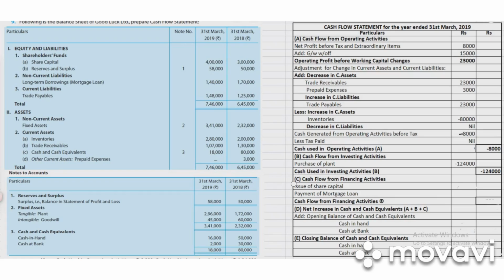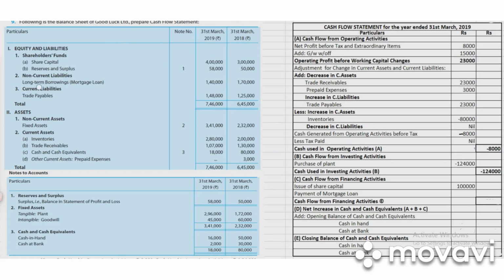So we put it here. In the cash flow statement we put share capital, 1 lakh. This is a plus amount. Cash is coming, cash inflow, so we don't put a bracket. We write simply 1 lakh. So share capital is done.